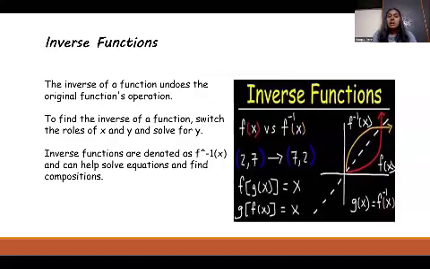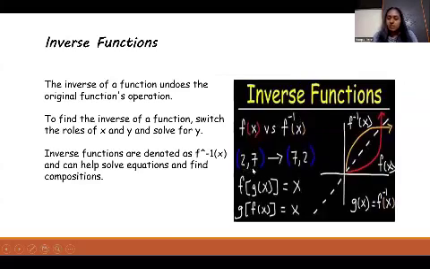Inverse function. The inverse of a function undoes the original function's operation. To find the inverse of a function, switch the roles of x and y, and solve for y. Inverse functions are denoted as f inverse of x and can help solve equations. There's an example in the image, f of x versus f inverse of x.